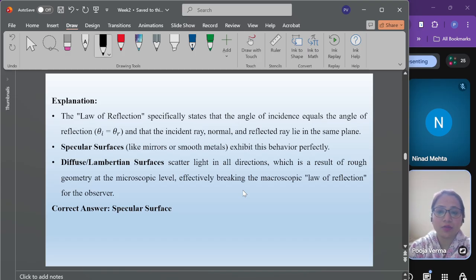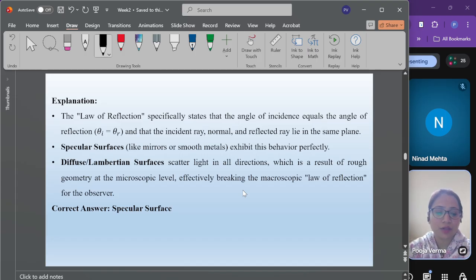A specular surface like mirrors or smooth metal exhibits this behavior perfectly, and in diffuse and Lambertian surfaces, light is scattered in all directions, which is the result of rough geometry at a microscopic level that effectively breaks the law of reflection for the observer.